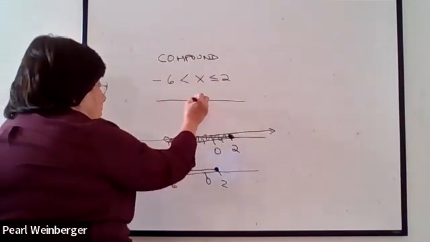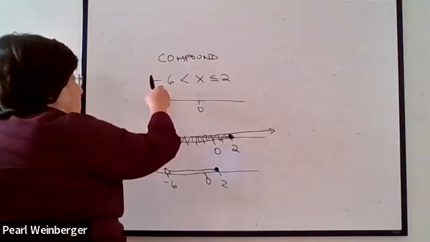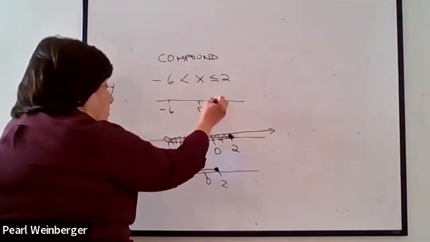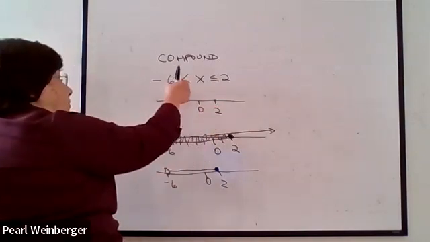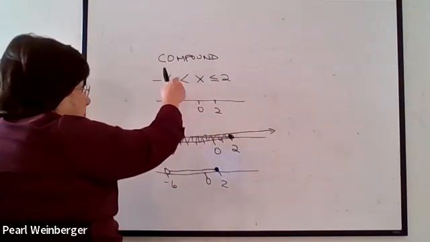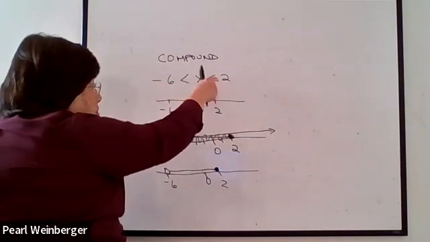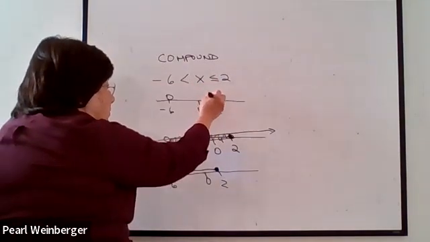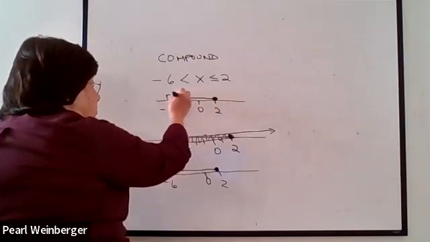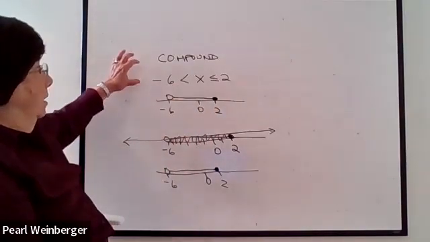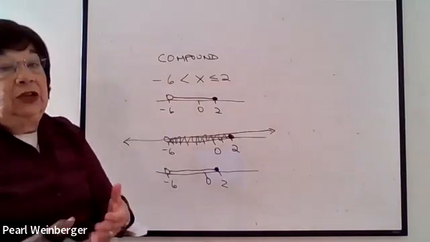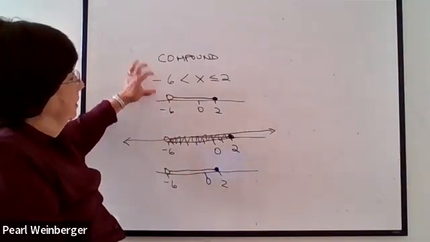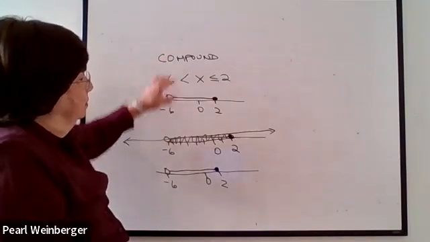You always put in your 0, put in the number that's on the left and the number that's on the right. If it's a less than, make an open circle. If it's a less than or equal to, make a closed circle. So this one's going to be an open circle, and this is going to be a closed circle, and just detach it. Notice my whole long explanation was difficult, but if you look at it, this is what this means.